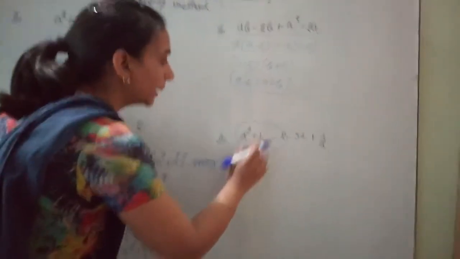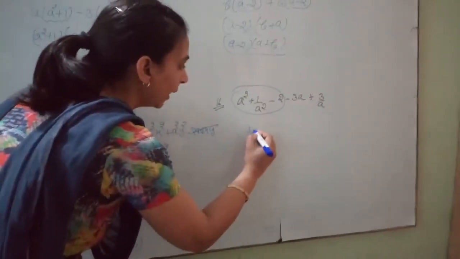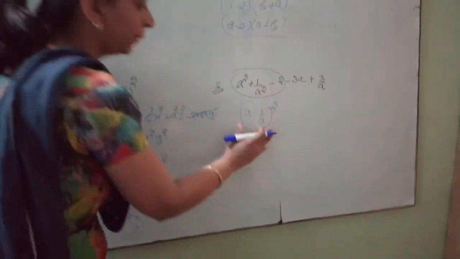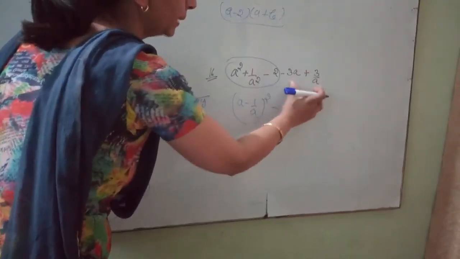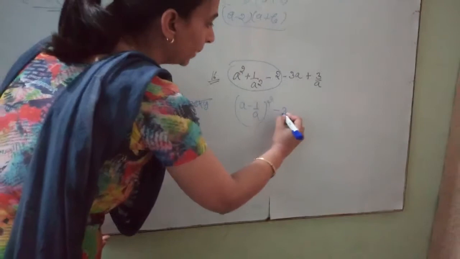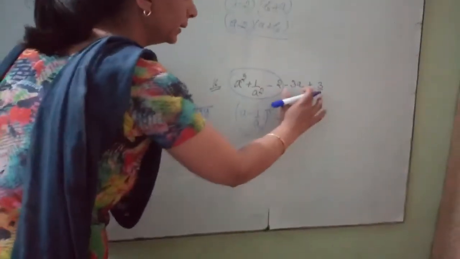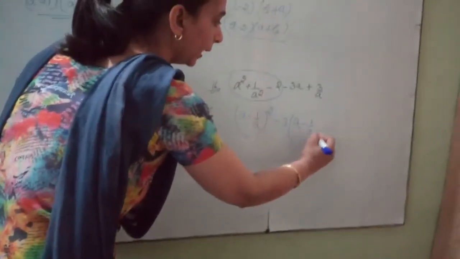Then a square plus 1 by a square minus 2 equals (a minus 1 by a) whole square. If we solve it, then this equals, again minus, we take 3 common from these two terms, then there is only a. If we take minus common, then there is minus 3 common, then only 1 by a.